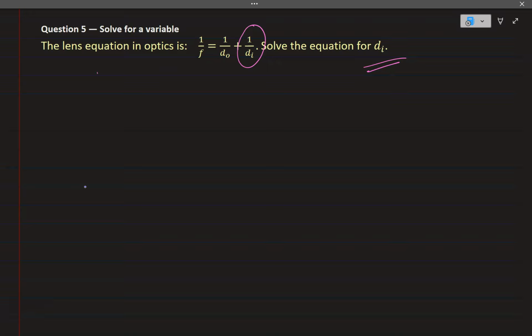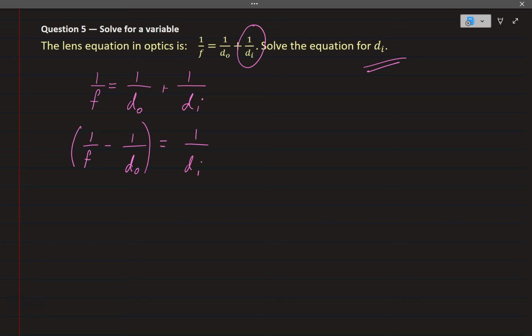So let's go ahead and do that. 1 over f equals 1 over do plus 1 over di, for the object and image, and we get 1 over f minus 1 over do is equal to 1 over di. Now, two ways to do this.